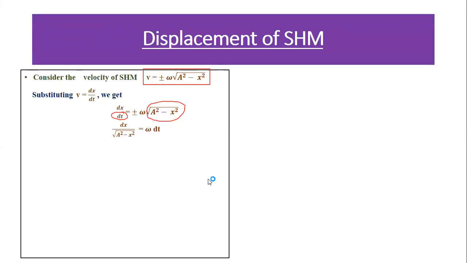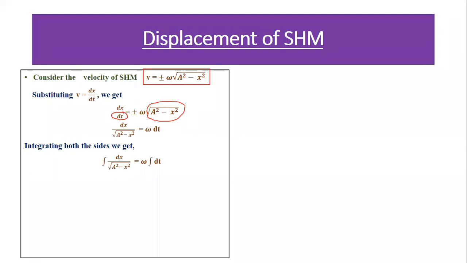We have to find out x by using this. For that we can integrate both sides of the equation. After integration of both sides, we get integration dx divided by under root a square minus x square is equal to omega integration dt.